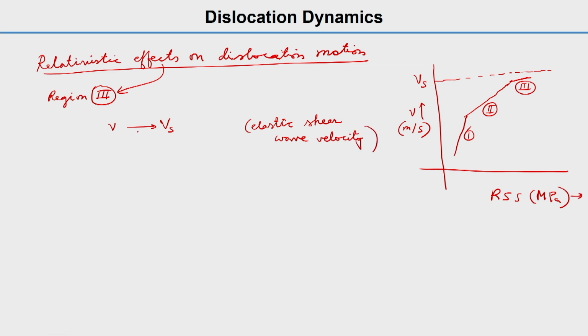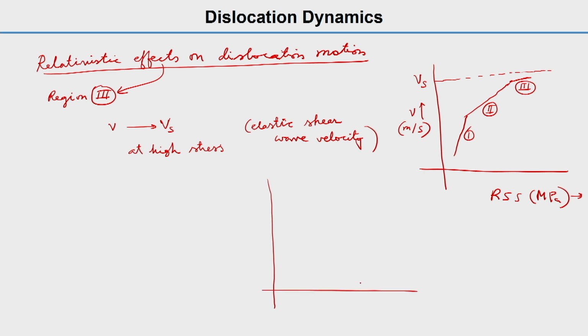So that will approach Vs at a higher stress, at very high applied stress, or here we are showing resolved shear stress. This relativistic effect we can show with the help of another plot.